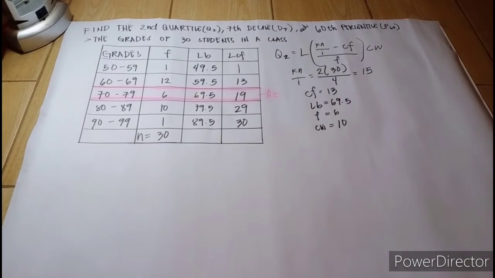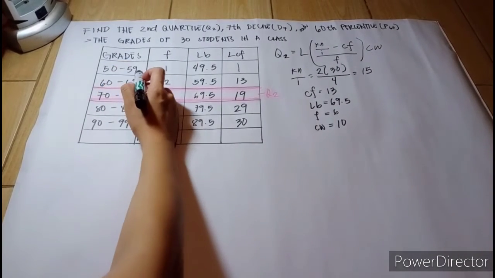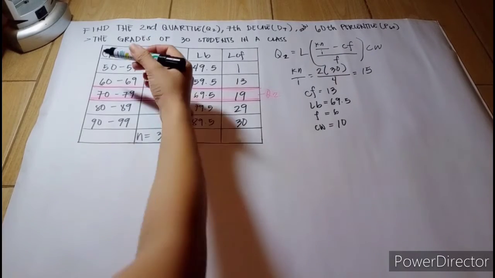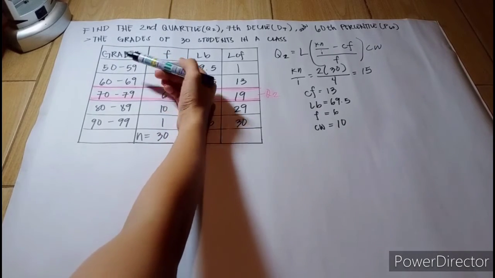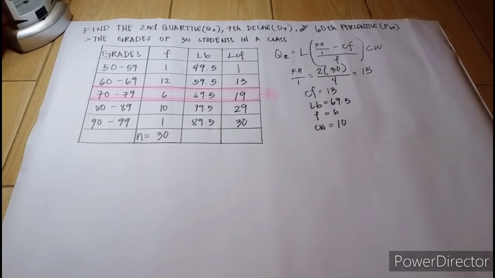To get the CW, we subtract 50 to 59: 50, 51, 52, 53, 54, 55, 56, 57, 58, 59 is 10. Or we subtract 50 from 60 to get the class width or class size. Then we have to substitute.